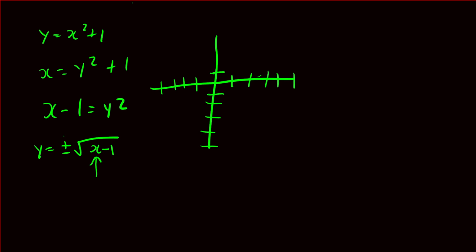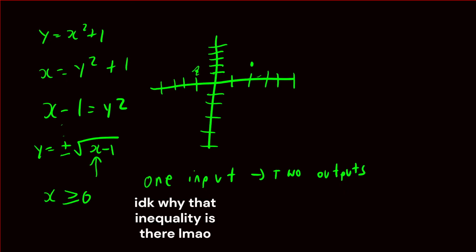Let's say I put in some x value, like 2. If I put in 2, I'm going to get a positive 1 and a negative 1. So my one input, sorry guys, gave me two outputs, which means it's not an inverse. In this case, we'd say no inverse.